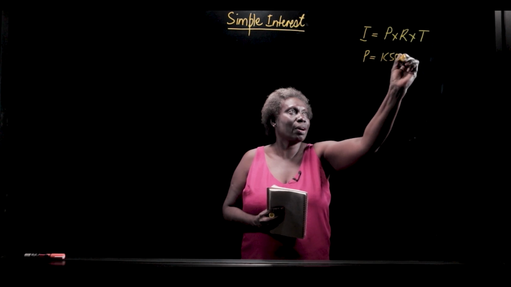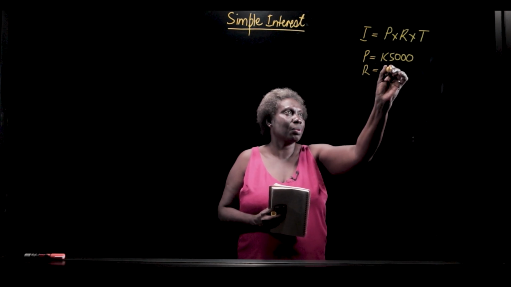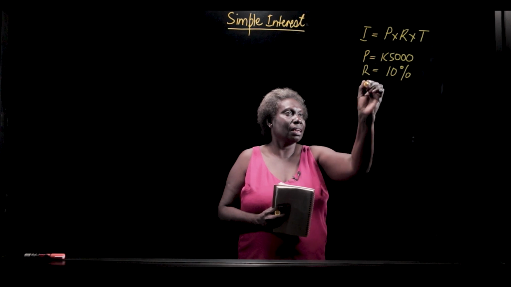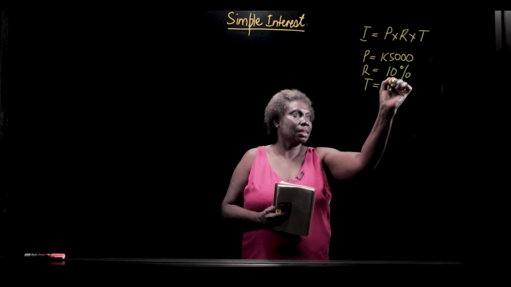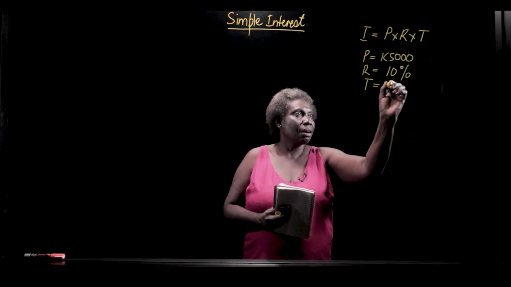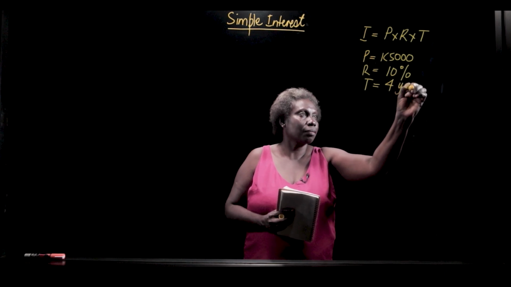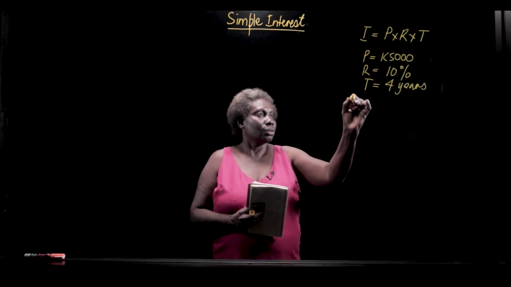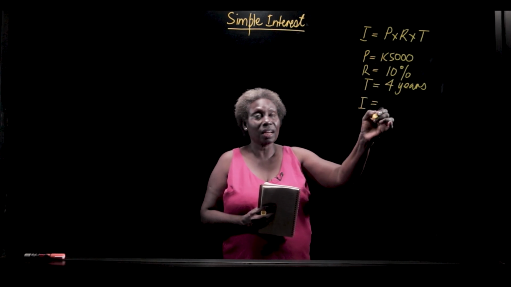So the principal will be 5,000 kina, that's the amount that he borrows, the rate is 10%, and the term or the time that he is supposed to pay off the amount is 4 years. Okay? To calculate the interest, we are going to substitute these values into the formula.